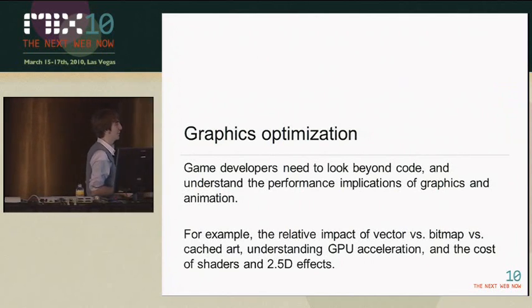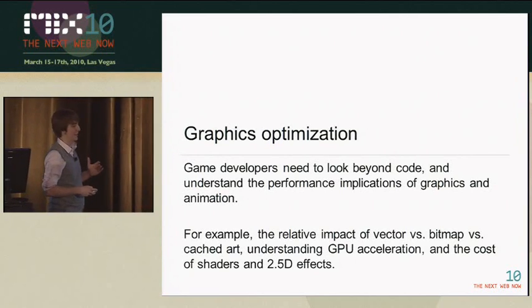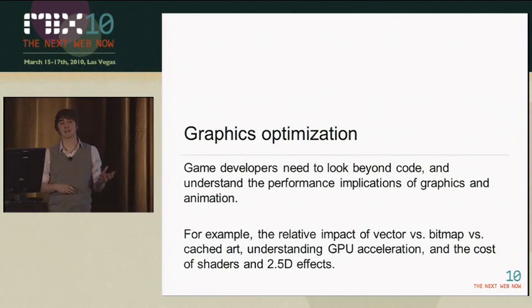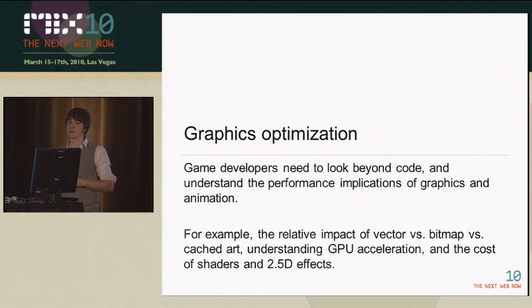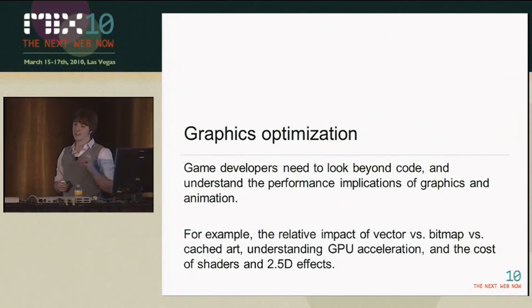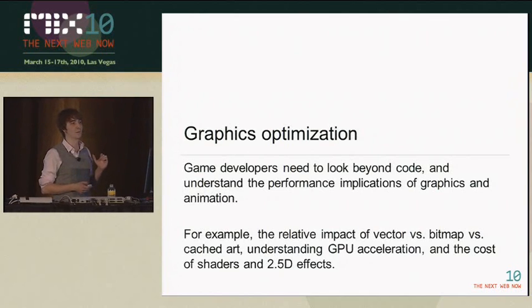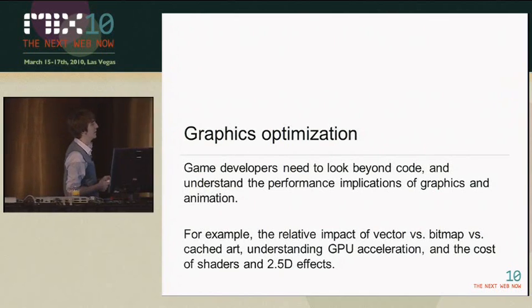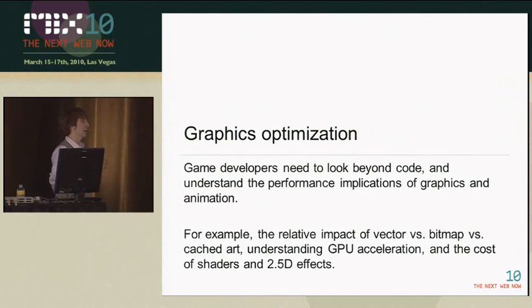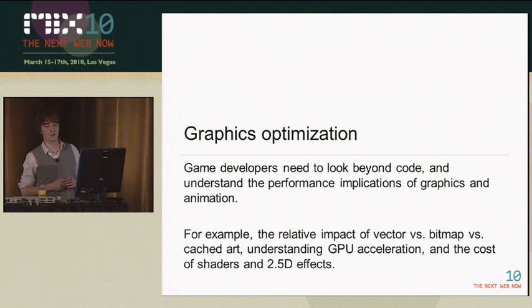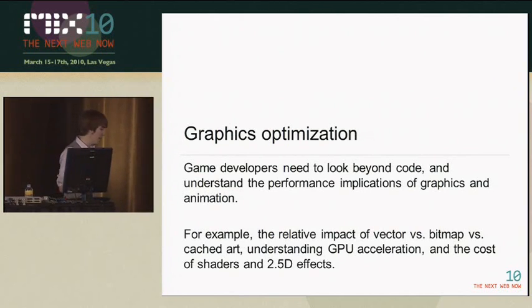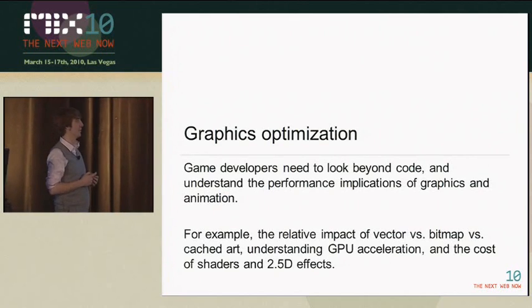We've had a lot of issues where vector caching isn't giving us the results that we'd expect, that the caching is just not working in certain instances. There are some known issues around GPU acceleration where it doesn't work in certain instances. So understanding all of those issues and accounting for them is really important.